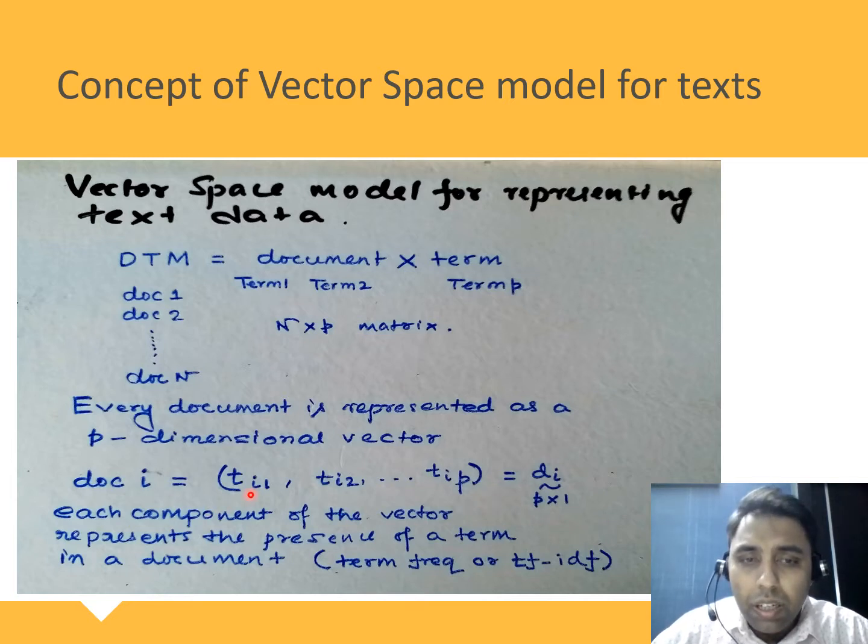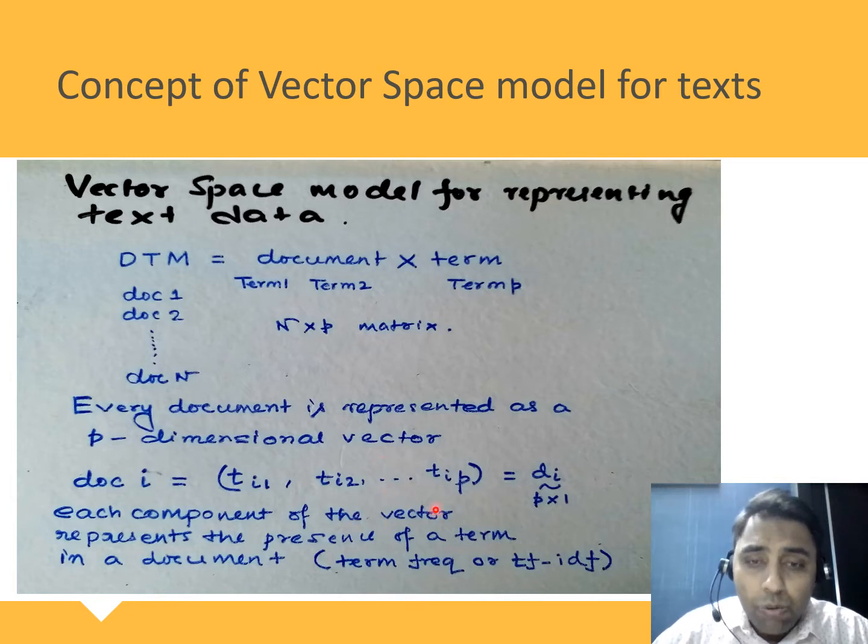Because there are p components in it, one component for each term, and each component of the vector represents the presence of one particular term in the document.